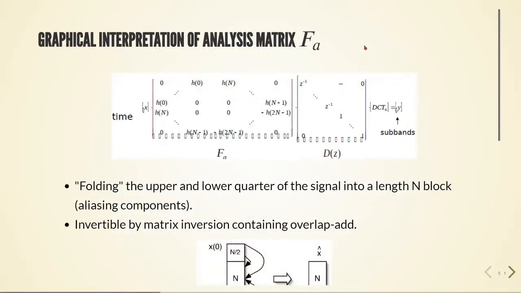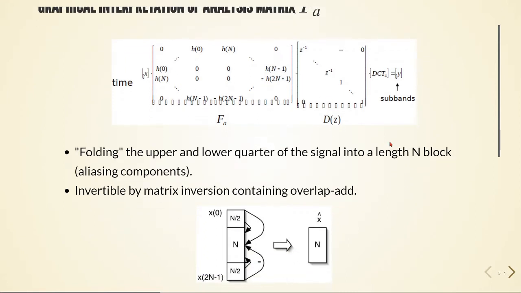We can also have a graphical interpretation of the matrix FA, the analysis matrix, and we see that this matrix is folding the upper and lower quarter of the signal into a length N block. So it's the aliasing components. So this matrix is invertible by matrix inversion containing overlap add.